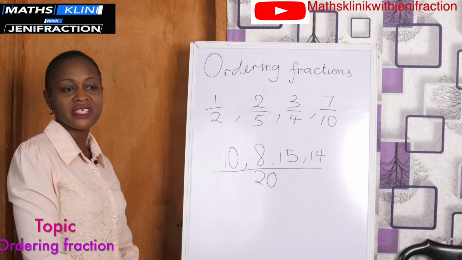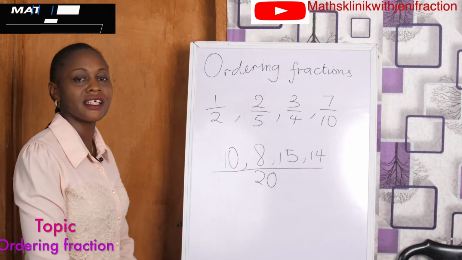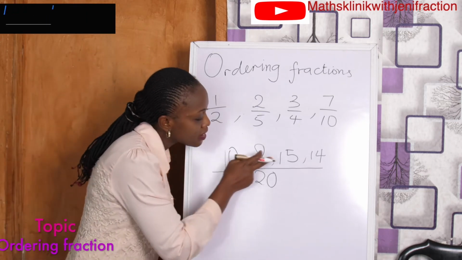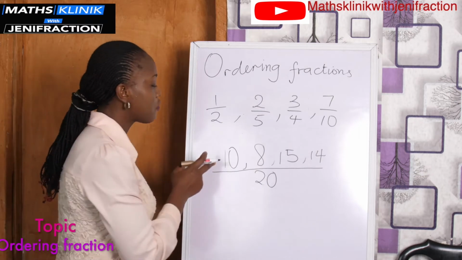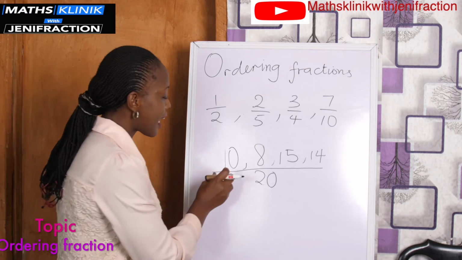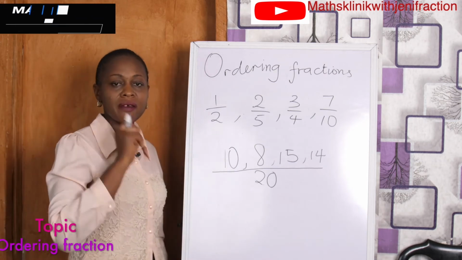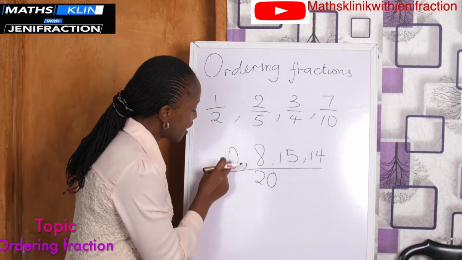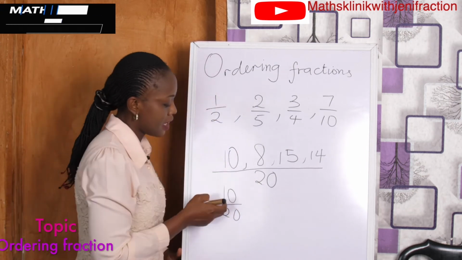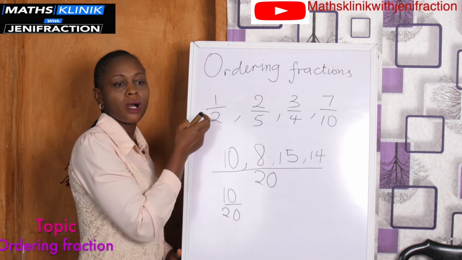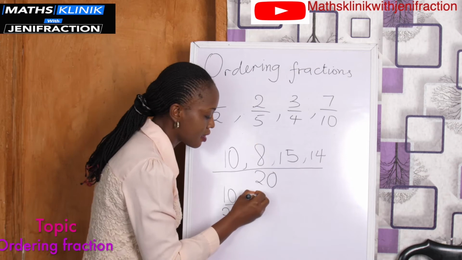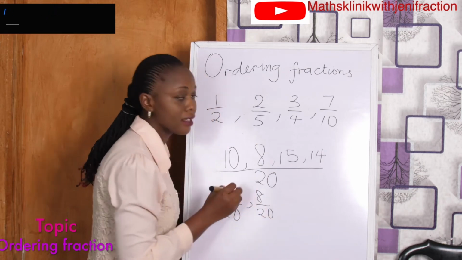Now we want to arrange our fractions in ascending order, and that is from the smallest. We are using these numbers we got here. We look for the smallest number. But before we do that, let's arrange them using the same denominator. So this becomes 10 over 20, and it is for 1 over 2. The next becomes 8 over 20.